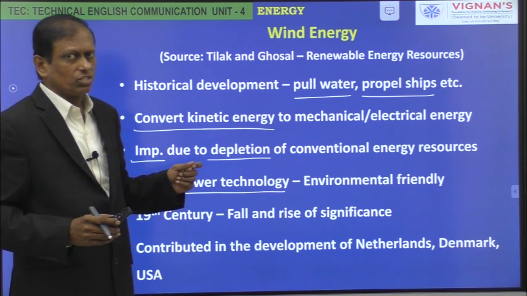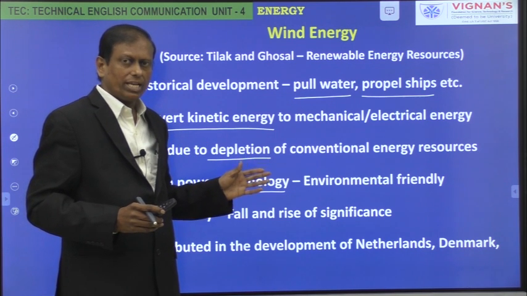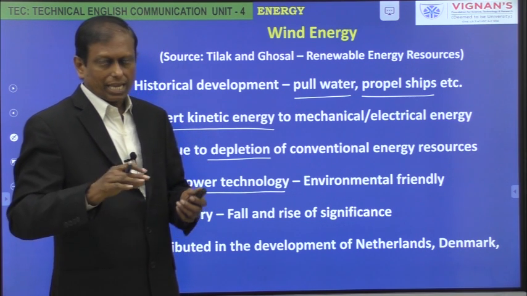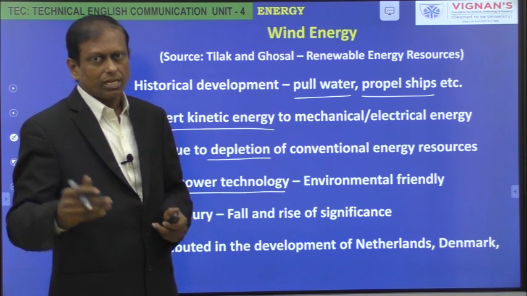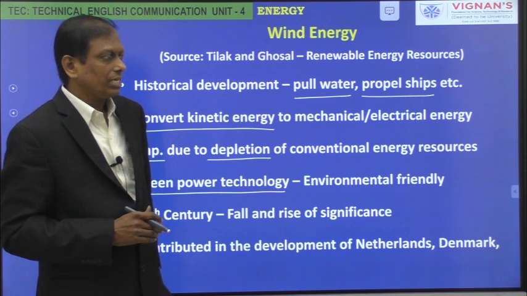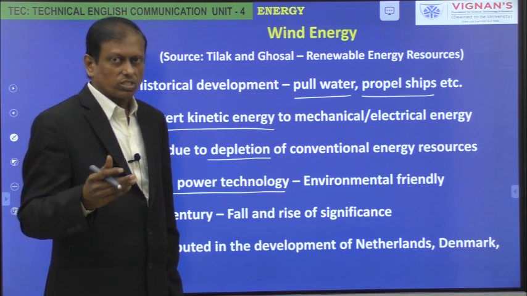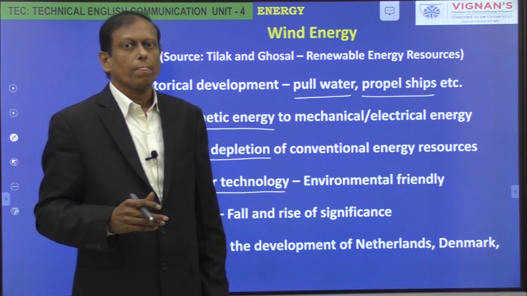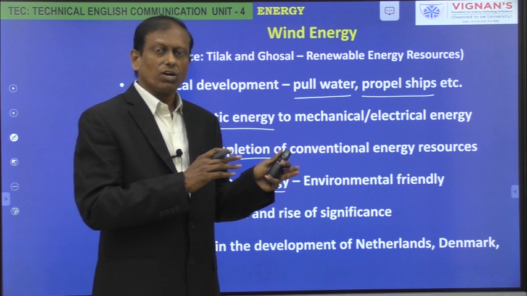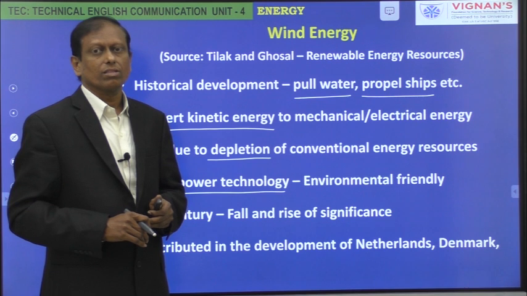Up to the 19th century people largely depended on this free energy resource and tried to design certain wheels or machinery to make use of wind energy. After that we started extracting fossil fuels, and that's why wind energy was neglected from the beginning of the 19th century till the 1970s.